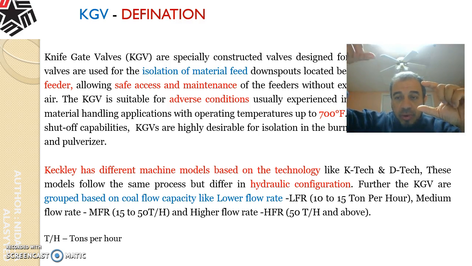The pulverizer, where the coal comes and gets crushed, goes through this KGV and then feeds to the plant. To measure performance, we classify KGVs under three basic categories: lower flow rate, middle flow rate, and higher flow rate of coal, usually measured in tons per hour.